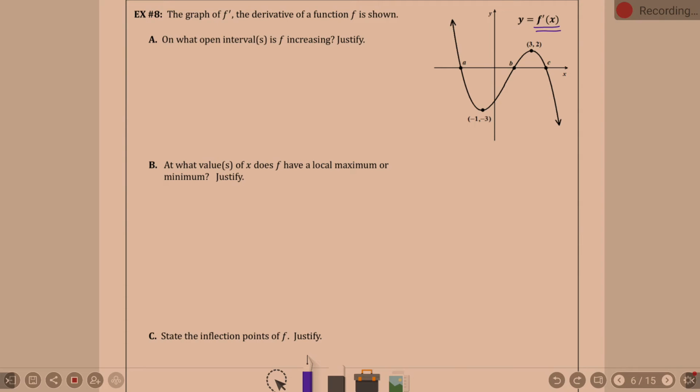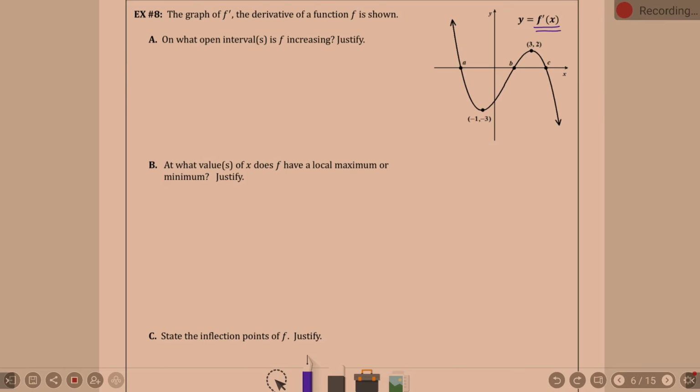Okay. So the first derivative is shown. So on what intervals is f increasing and justified? So when is f increasing?